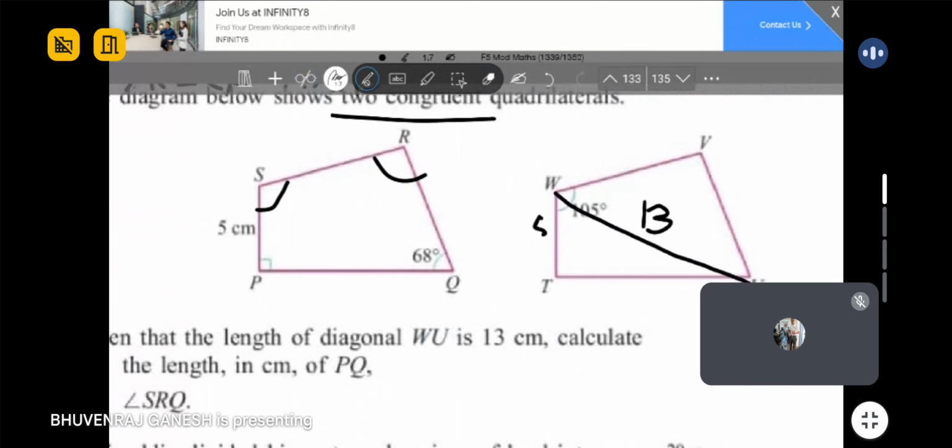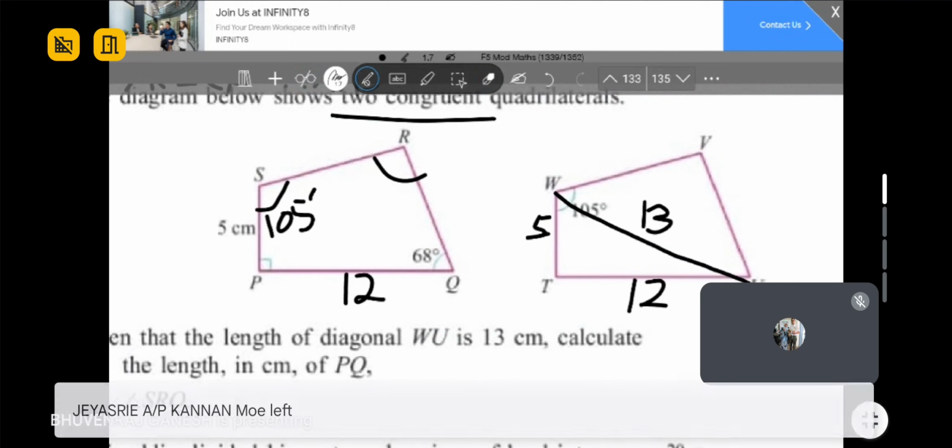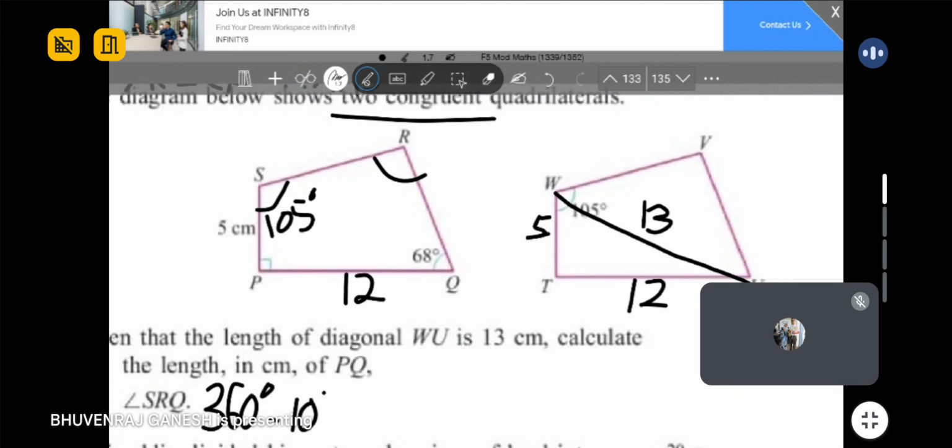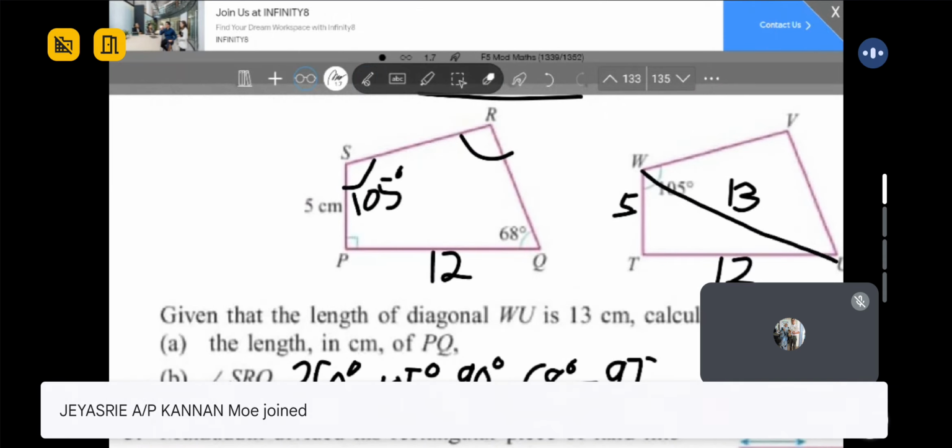So I just draw here for you. And then this one is 105. So if you want to get SRQ, you just do like this. So you will get 97 darjah.